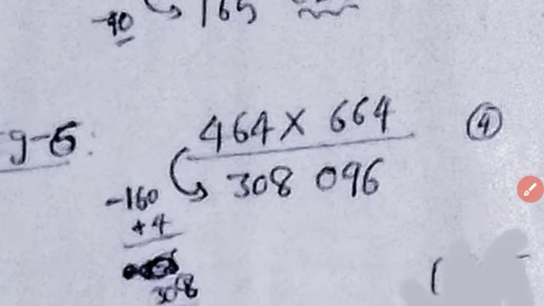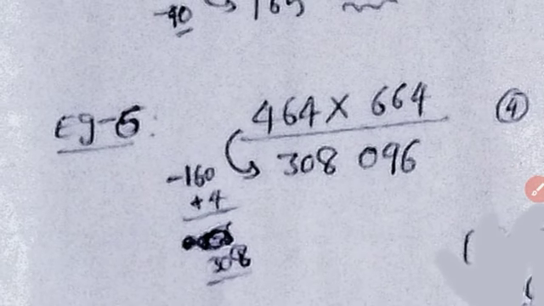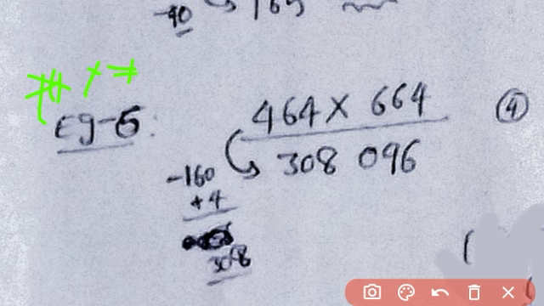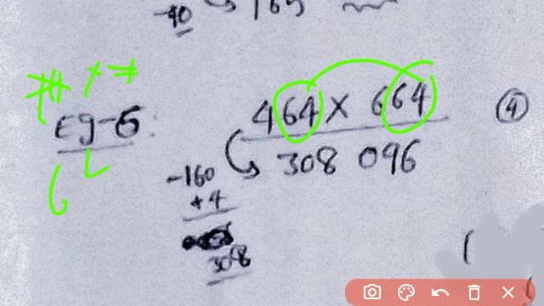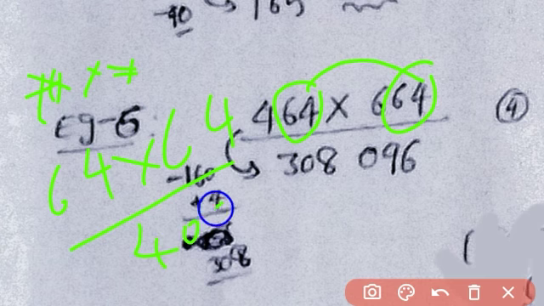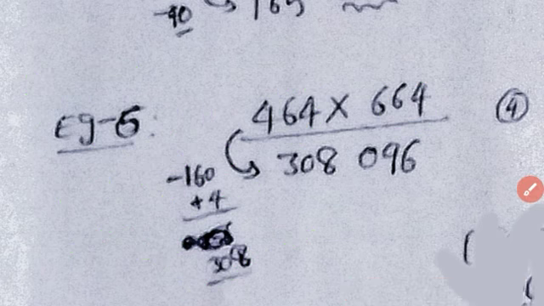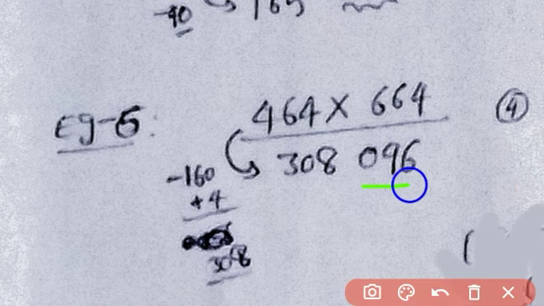Next example. This is important. You can keep it as a star mark. So we have on the right side 64 and 64. You can multiply 64 into 64. How much will you get? 4096. 4 digits you got, but you have to enter only 3 digits here.